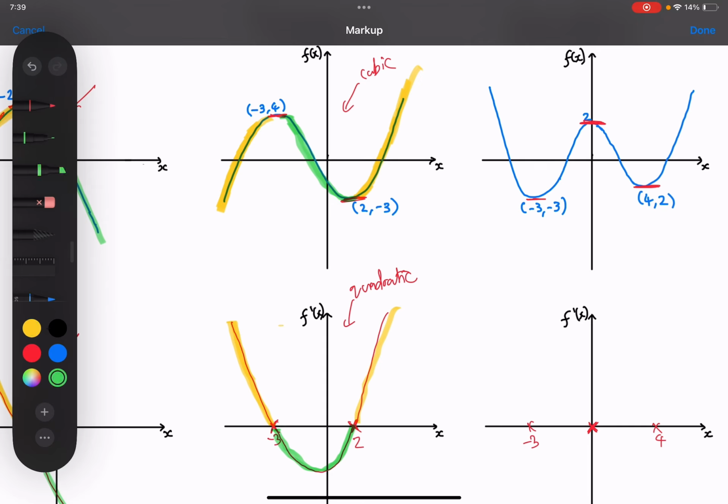Then we've got a negative gradient over here. So my gradient function should be negative for all of those values. So negative gradient to the left of -3. Then after the -3, we've got a positive gradient between these 2 points. So my graph should have a positive gradient here in between the -3 and the 0.